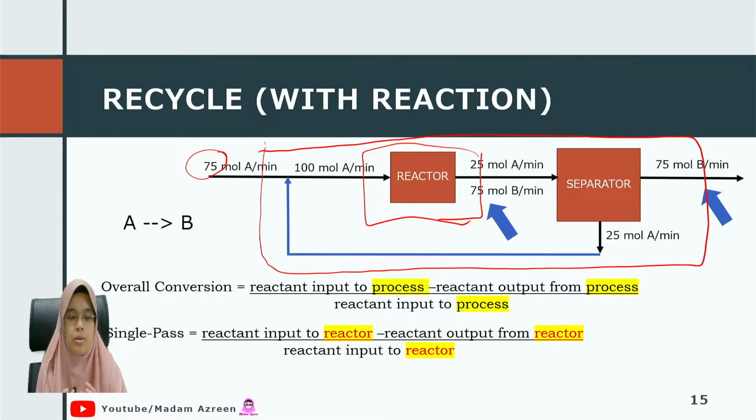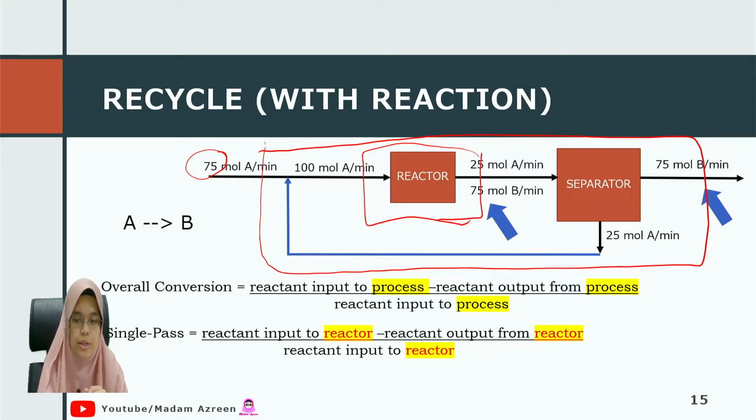Overall conversion is applied for the overall boundary condition: how much reactant goes in minus how much reactant is left in the output. And we also have single pass conversion, whereby we calculate at the reactor itself.